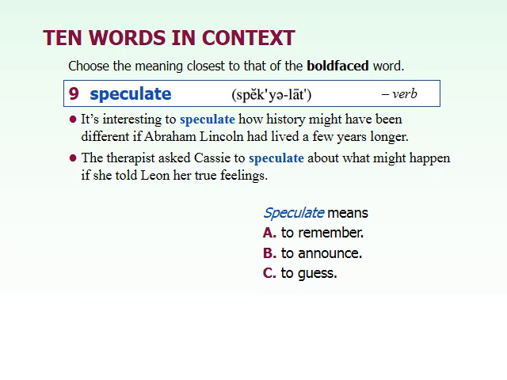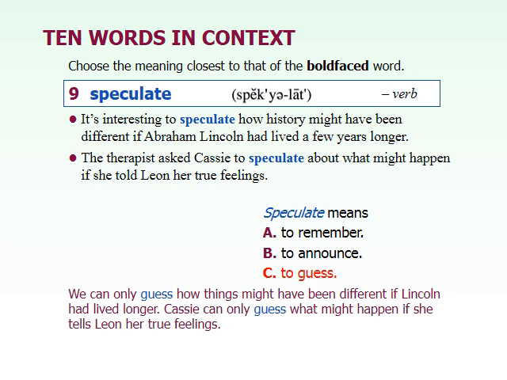Our next word here is speculate, and this ends in the 8 sound, making it a verb. It's interesting to speculate how history might have been different if Abraham Lincoln had lived a few years longer. The therapist asked Cassie to speculate about what might happen if she told Leon her true feelings. Speculate means to guess.